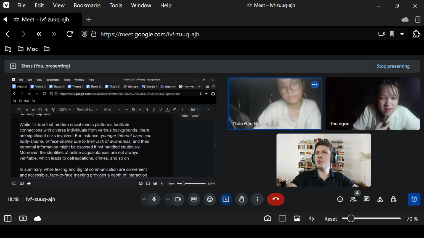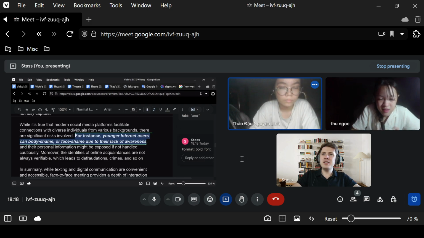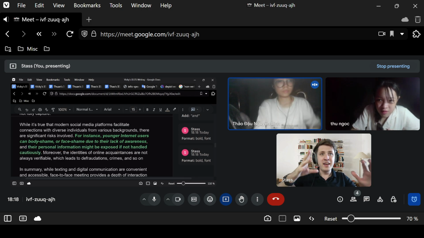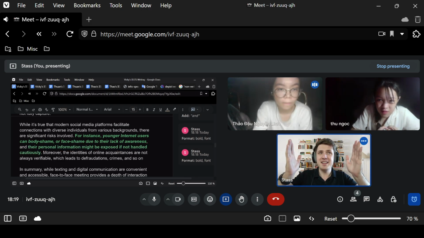Well, this doesn't really. So, what is the risk here in face shaming? Okay, so tell me, you see this part and this part? We have two parts. Are they connected or not?